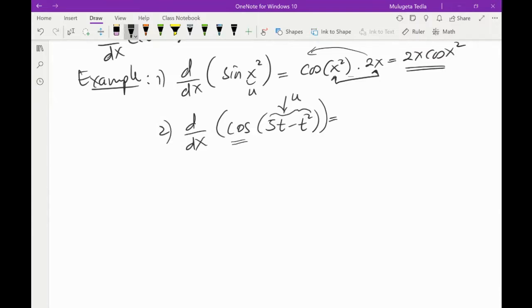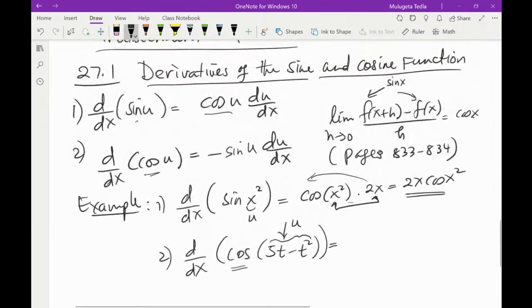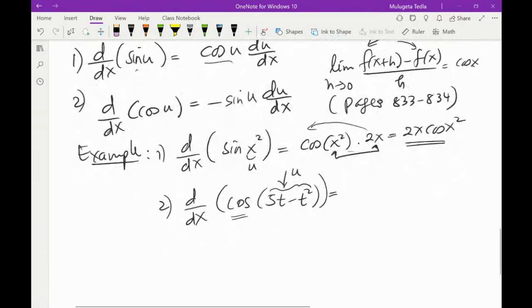The derivative of cosine is negative sine of u, where u is 5t minus t squared, multiplied by the derivative of u.